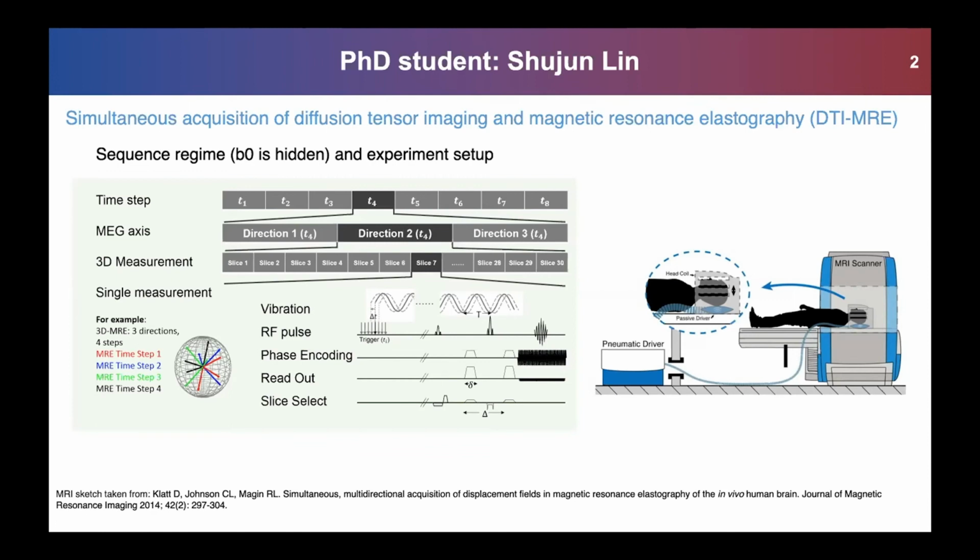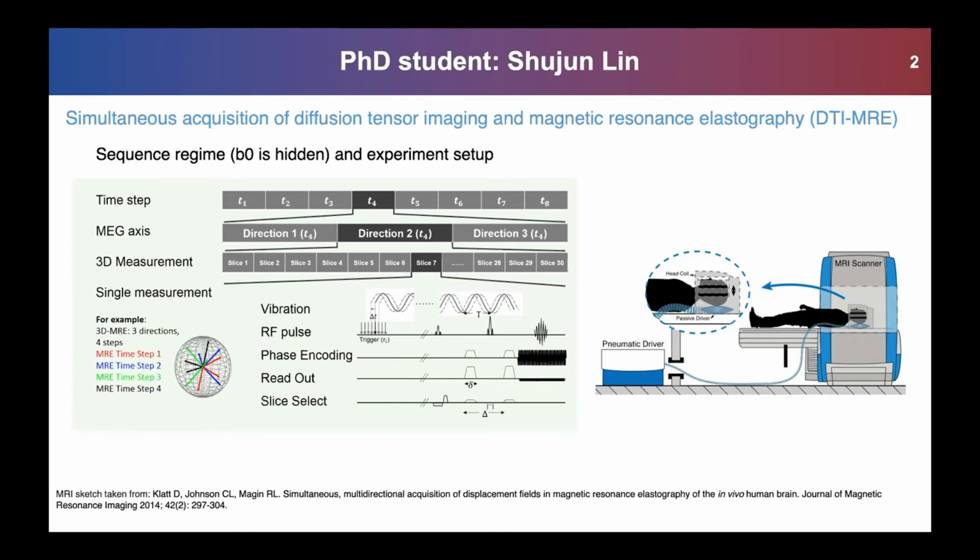Since the acquired MRI signal is in complex form, it has both magnitude and phase. Some MRI techniques, such as DTI, use the magnitude as their image contrast, while MRE mostly uses the phase as its image contrast.